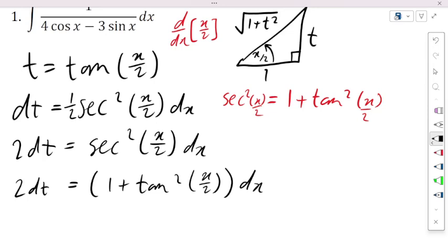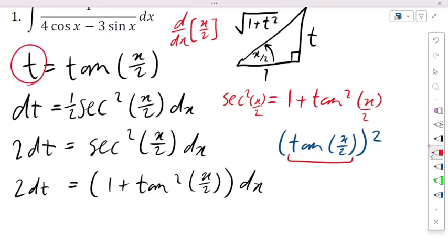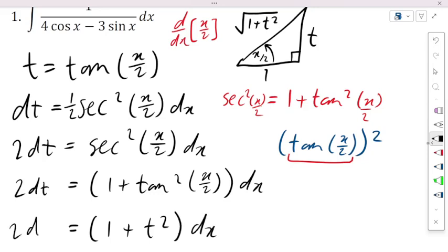And remember that tangent square x over 2 can also be written as tangent of x over 2 all squared. And we know that tangent of x over 2 is equal to t. So we can just replace tangent of x over 2 with t. So then we're going to get 1 plus t squared dx, which is equal to 2 dt.